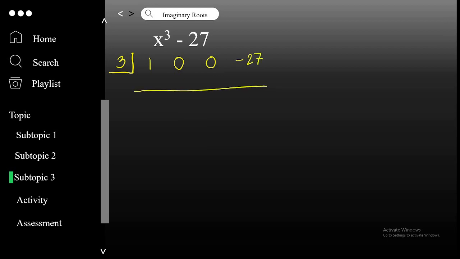By the way, I already tried 1 and negative 1, and we cannot get 0 for the remainder. So I will be trying 3. Bring down 1. Multiply, that's 3. Combining, 3, multiply, that's 9. This is 9. Multiply, that's 27, and you will get a 0.